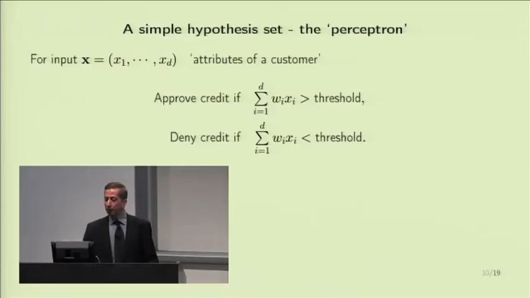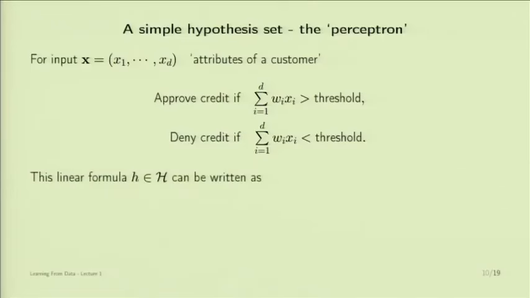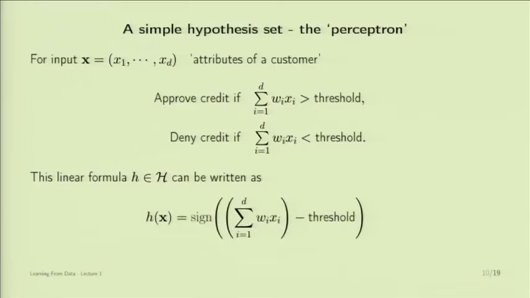Okay, so now we take this and put it in the formalization we had. We have to define a hypothesis, small h, and this will tell us what the hypothesis set is, which has all the hypotheses that have the same functional form. So you can write it down as this. This is a little bit long, but there is absolutely nothing to it. This is your credit score, and this is the threshold you compare to by subtracting.